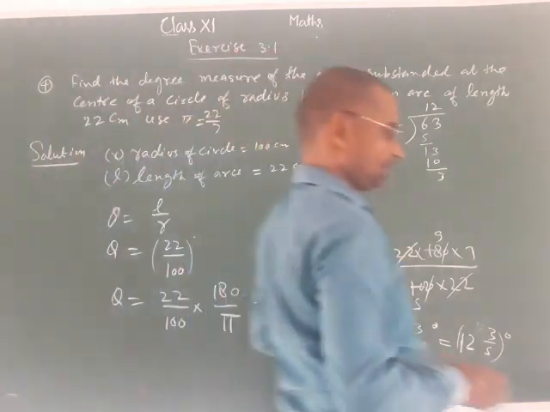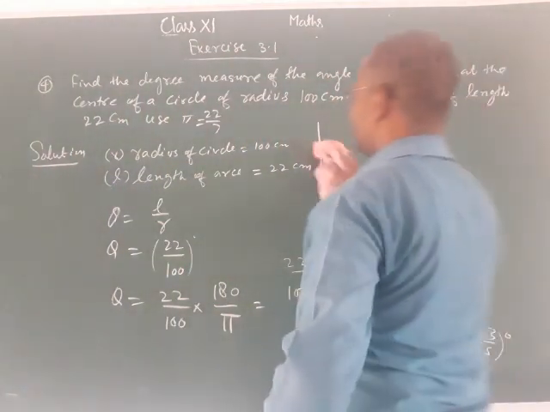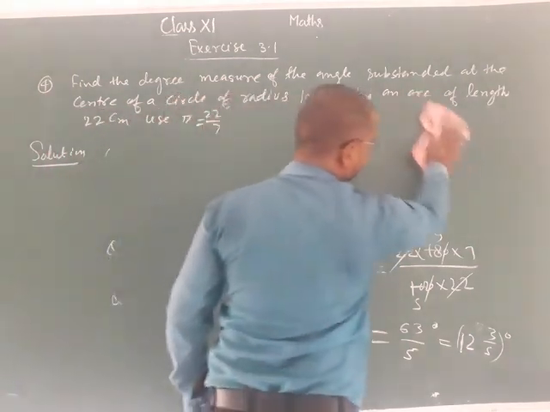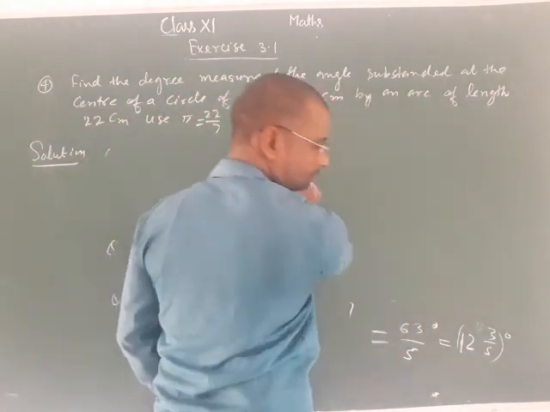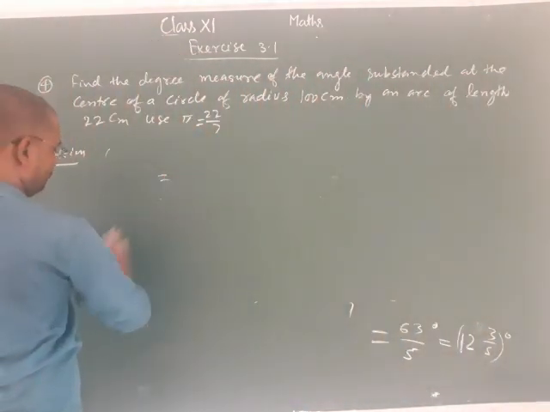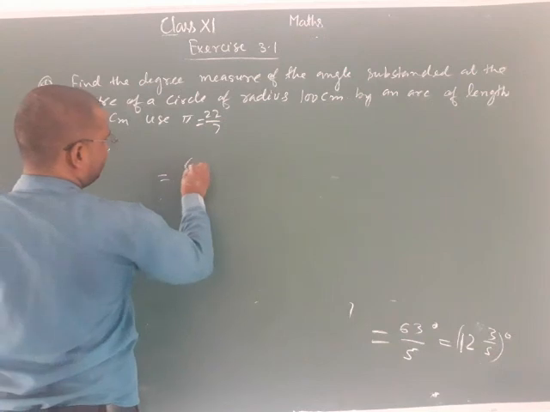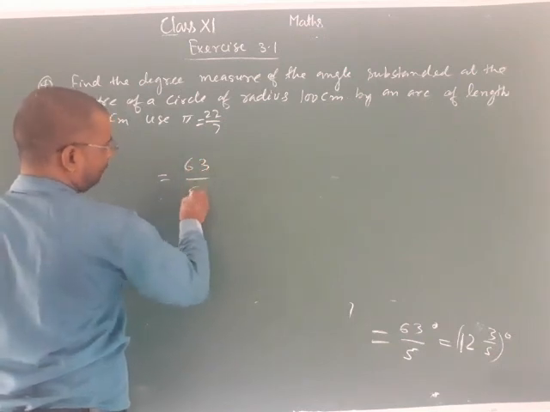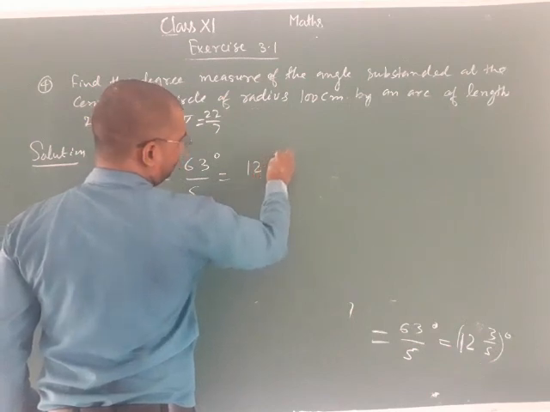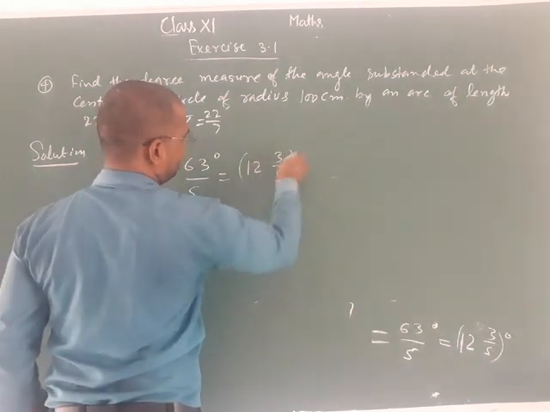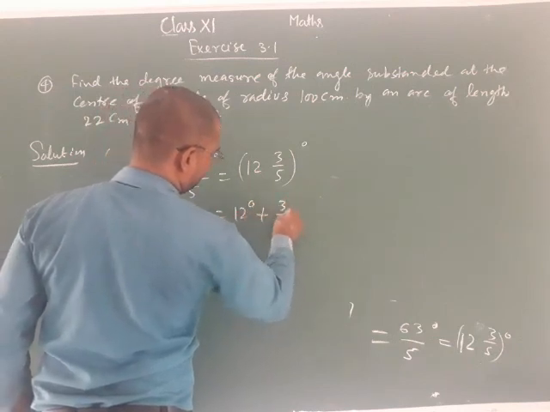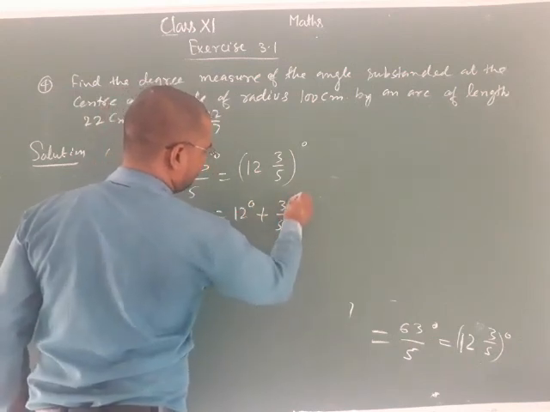Now 63 upon 5 degree is equal to 12 whole 3 upon 5 degree, and also 12 degree plus 3 upon 5 degree.